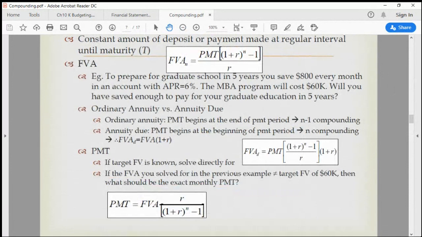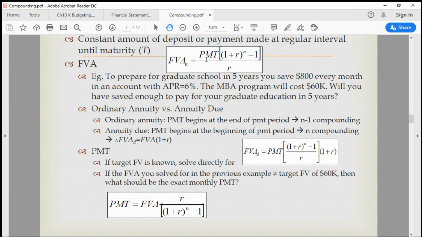Actually, I already introduced a formula for that. This formula is basically telling you that the future value of an annuity is equal to payment. Payment means deposit. I told you, they are the same. If you're at the paying end, that's payment.